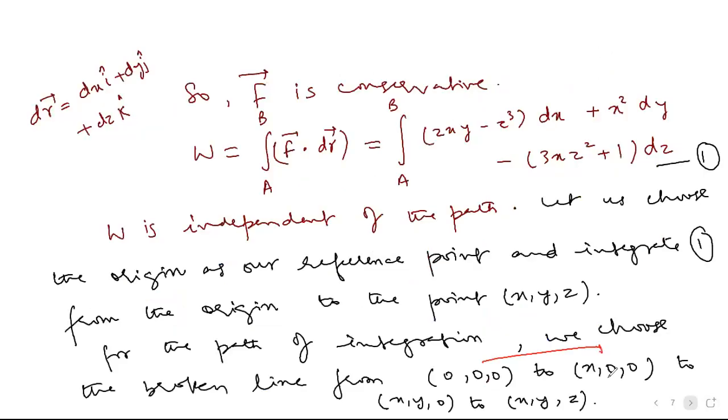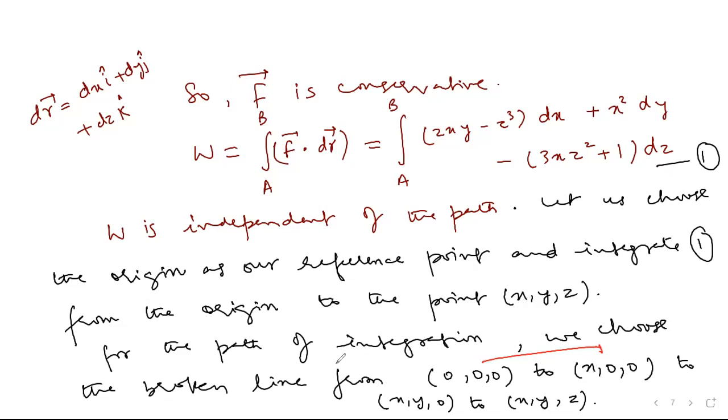Then we calculated work, and we specified a simple path for our convenience, because F is conservative, so work done is independent of the path taken between the initial and final point. Our initial point was origin and final point was general point x, y, z.